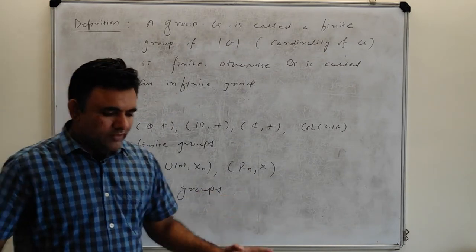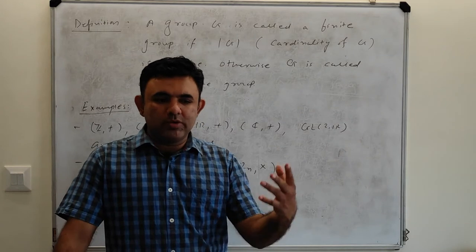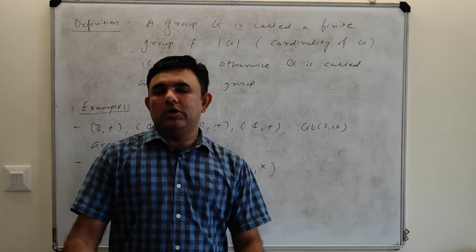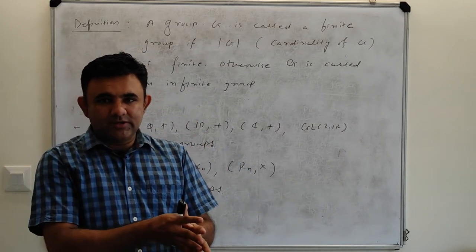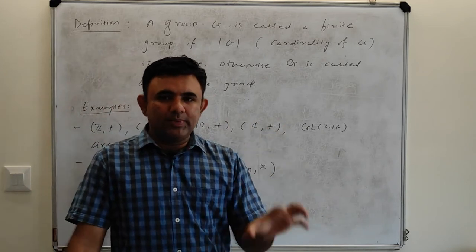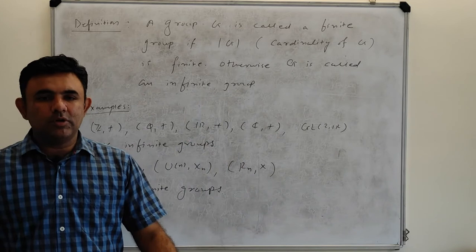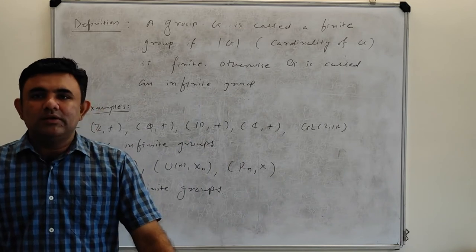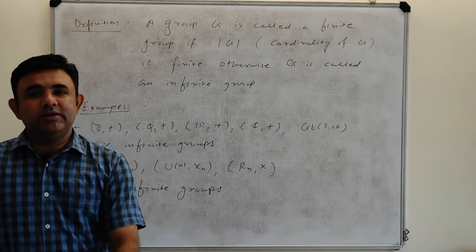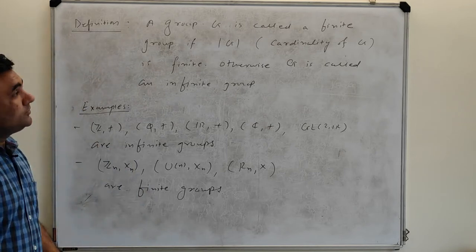So roughly, in a simple way, what do we mean by finite group and infinite group? You have a group, which is a set. Now you look at the set. If the number of elements in the set is finite, then it is called a finite group. And if the number of elements is infinite, then it is called an infinite group.